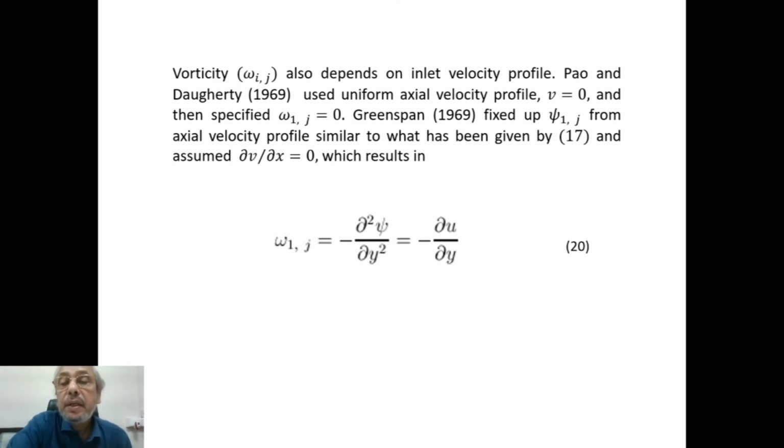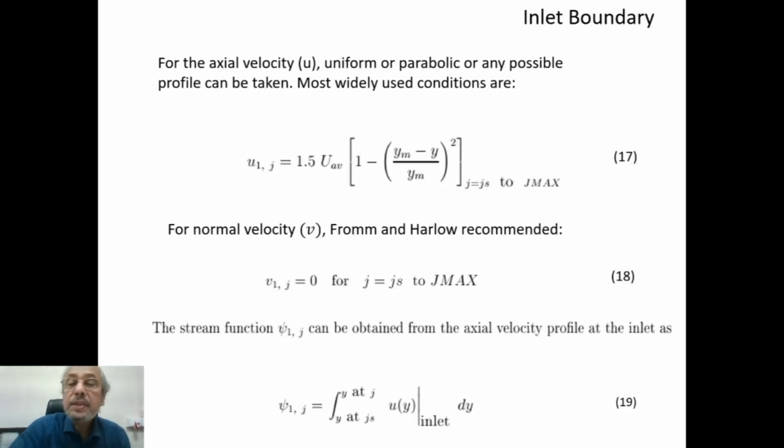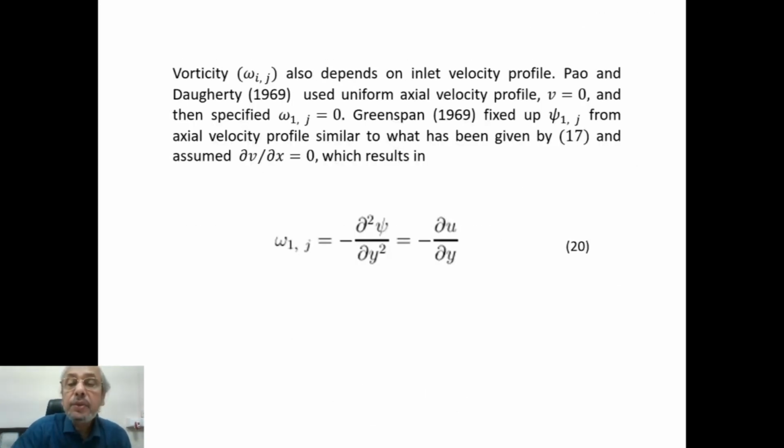Greenspan, a great mathematician, fixed up ψ(1, j) from the axial velocity profile, similar to what has been given by equation 17. So ψ(i, j) from the axial velocity profile, this I have discussed already, and then assumed ∂v/∂x equal to 0.